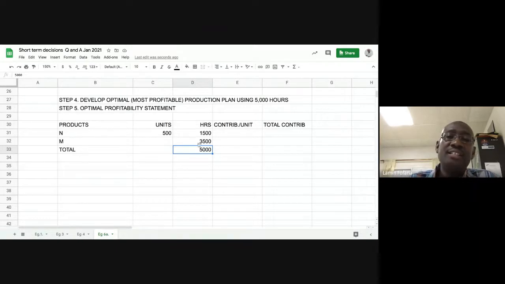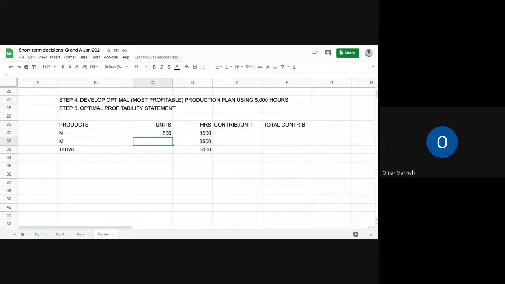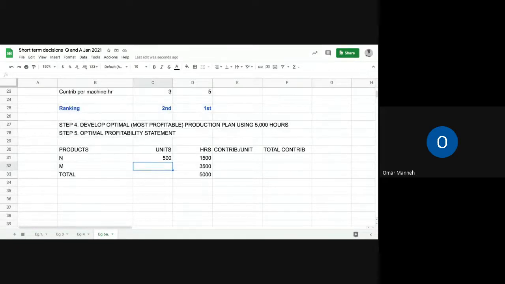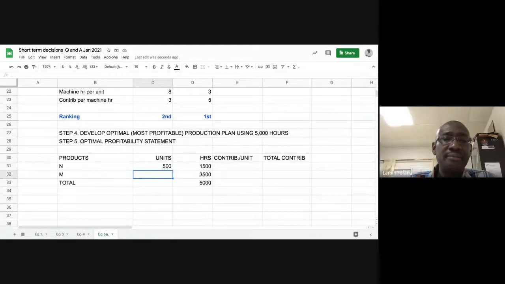With this 3,500 hours, how many units can we produce? To produce 1 unit of product M, we need 8 hours.